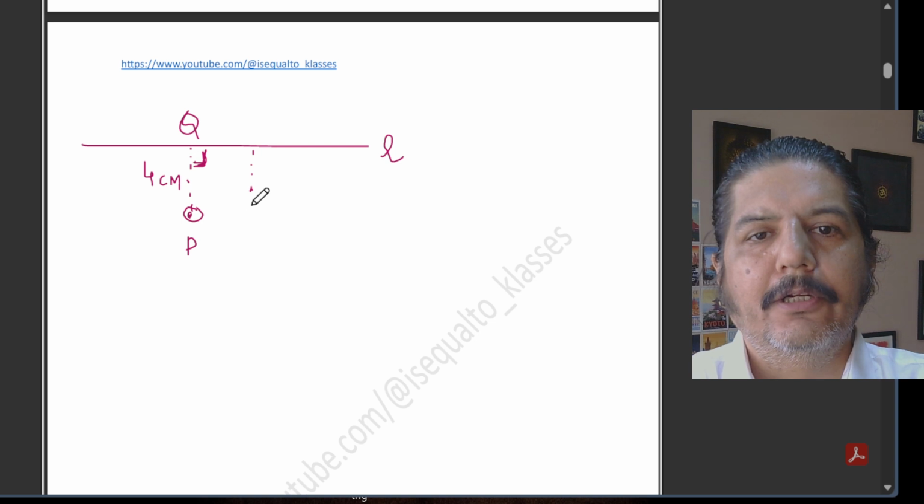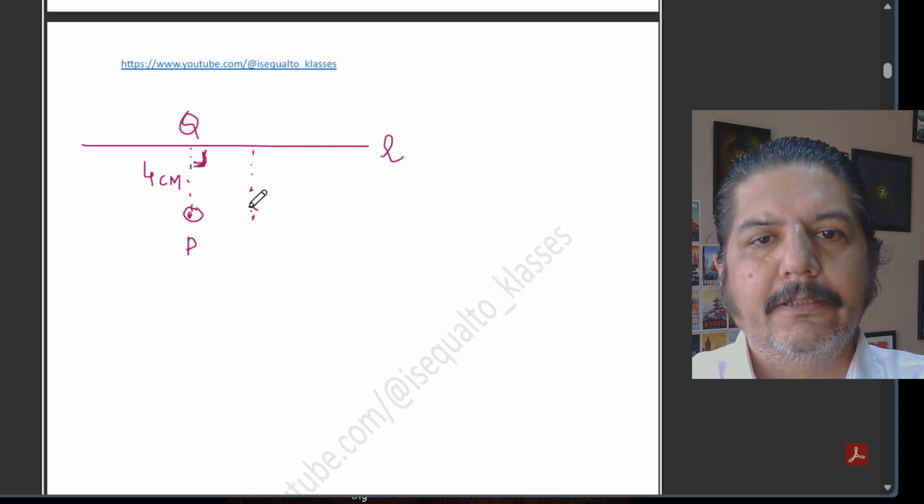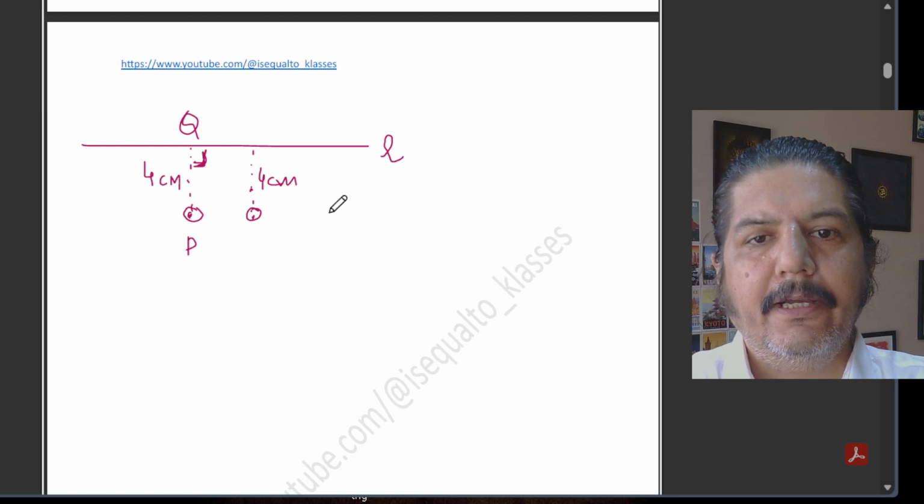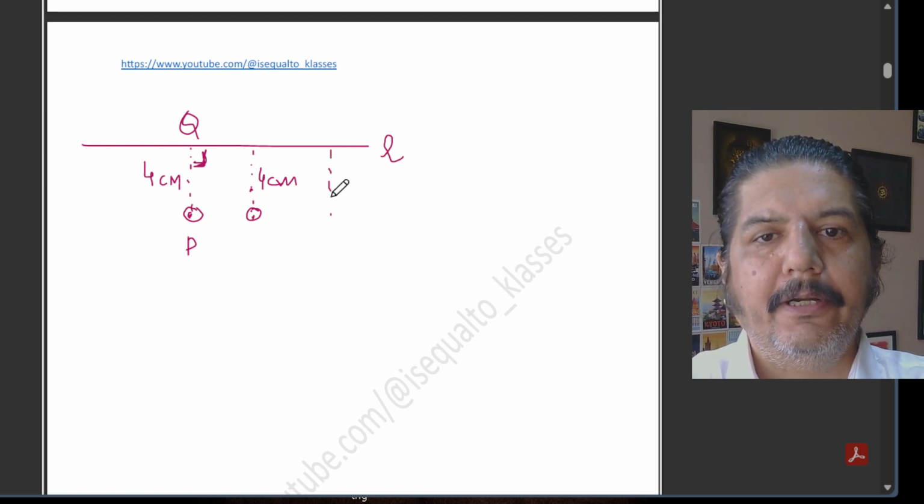I hope you are getting the point. So again, here also the point will have to be here so that the distance is 4 centimeter. If I come here, again the perpendicular distance should be 4 centimeter.